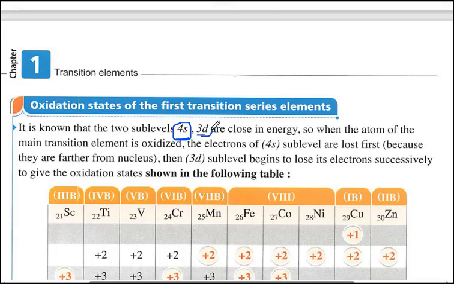Then it loses 3d electrons, but they are close in energy. So when energy is supplied to the atom, it may lose 2 electrons from 4s, and afterward it will easily lose another electron from the 3d in a successive way. Because of that, it can be oxidized to several oxidation states.